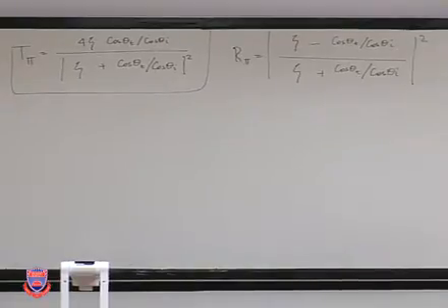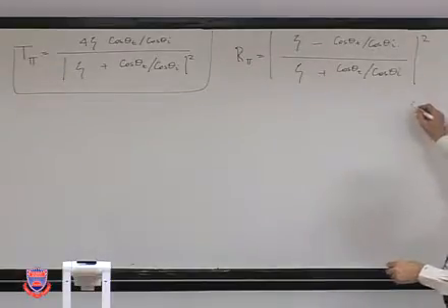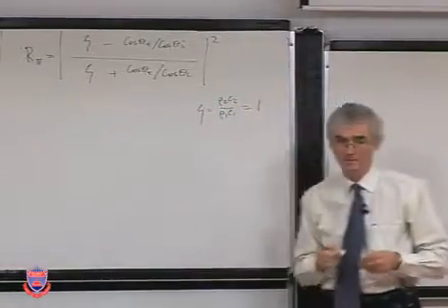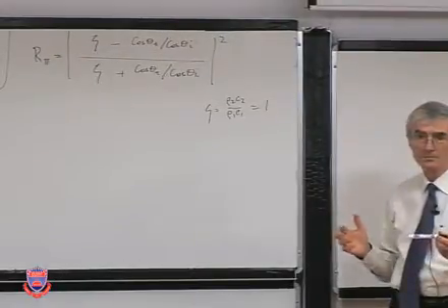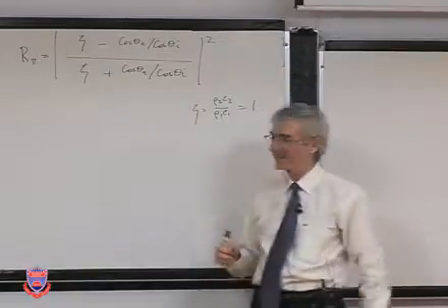Well, if impedance is the same for both, this is rho 2, C2, rho 1, C1, it becomes 1. It is so obvious, that's why you're missing it.